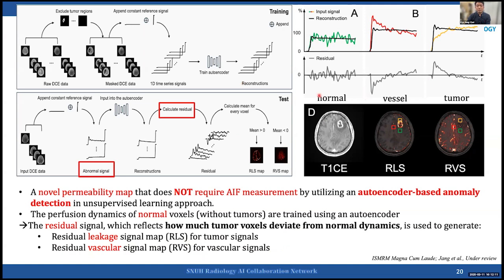On the right side, the green box indicates the normal voxel signal pattern, and the red box indicates the vessel. You can see the vessel peaking here, and the yellow box indicates the tumor, where you can see the contrast leakage pattern.